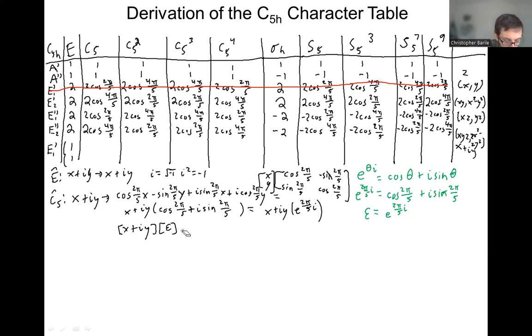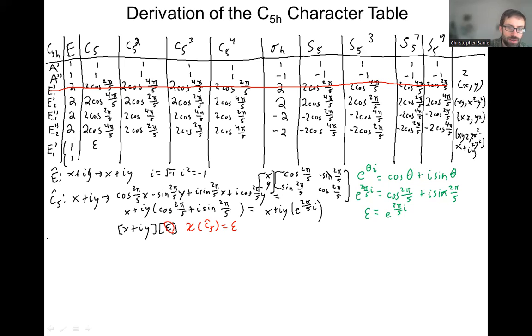Epsilon is our 1-by-1 transformation matrix. We take the trace of that matrix. So the character for C5, or how that explains how x plus iy transforms, is actually just equal to epsilon. So we can put here for our character epsilon.